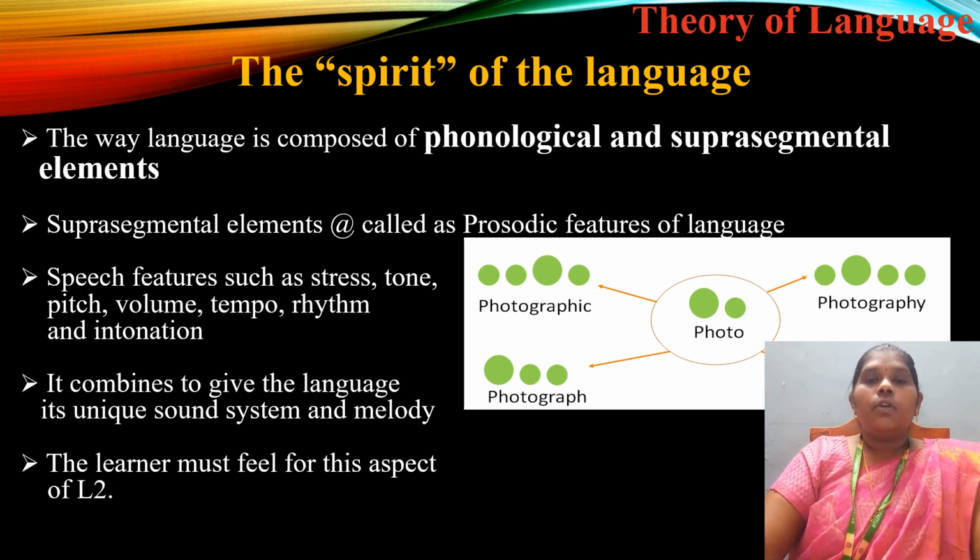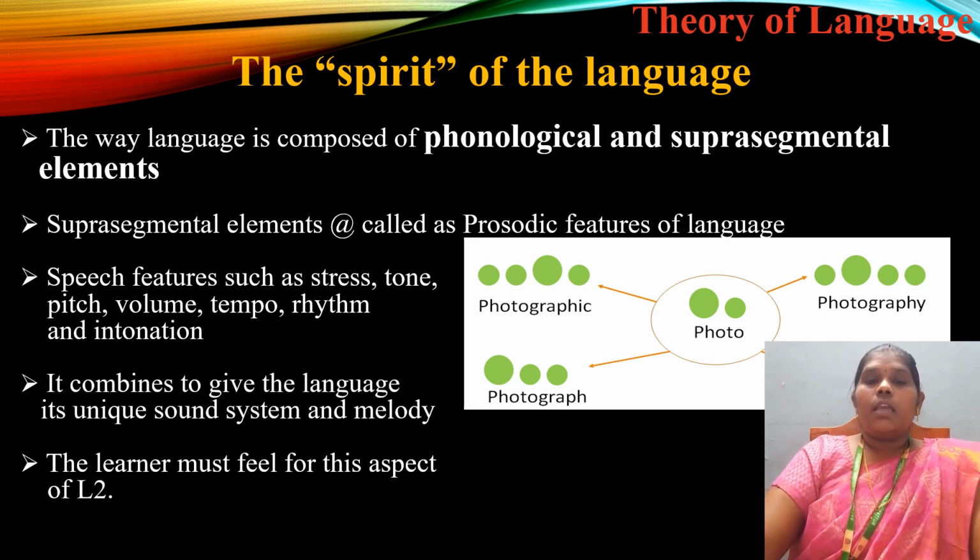And when I say phonological elements, it will be, let it be phoneme, allophones, vowels, consonants, diphthongs. So the phonological elements. And when I say suprasegmental elements, this is also called prosodic features of the language. So what do you mean by this suprasegmental or prosodic features of the language?